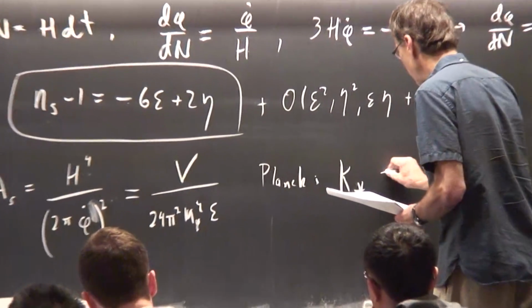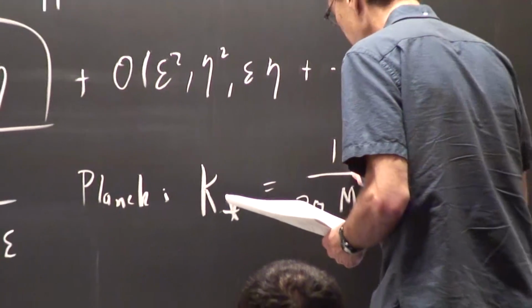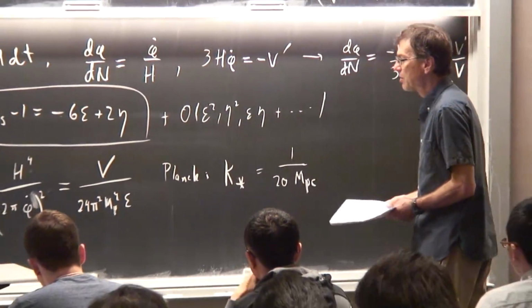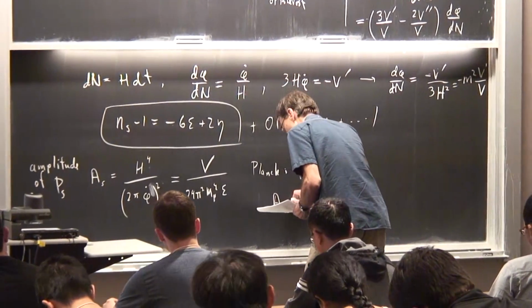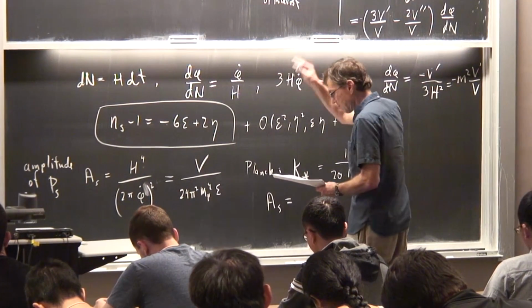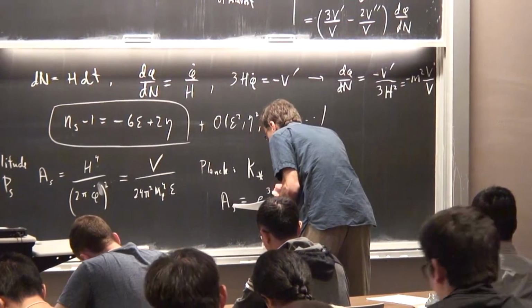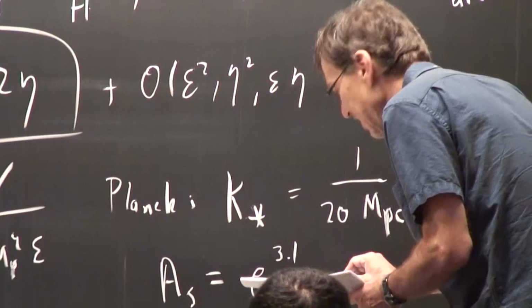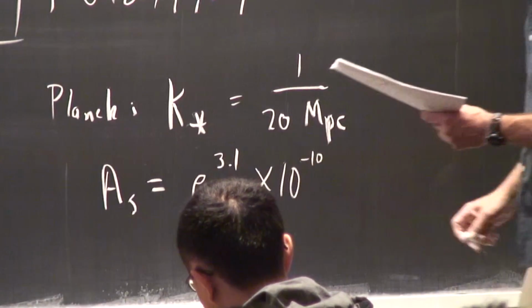Planck chooses k star to be 1 over 20 megaparsecs. And at that scale, they find that the value corresponding to the overall size of the Doppler peaks is, they like to write it as e to the 3.1 times 10 to the minus 10 for some reason.